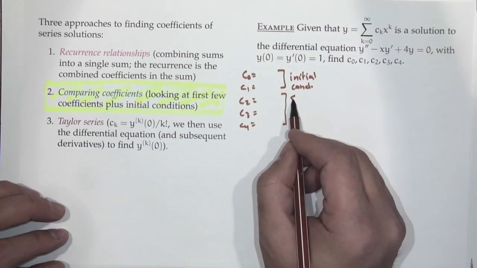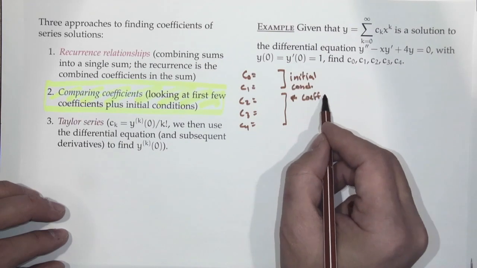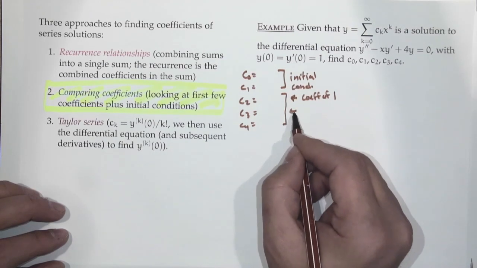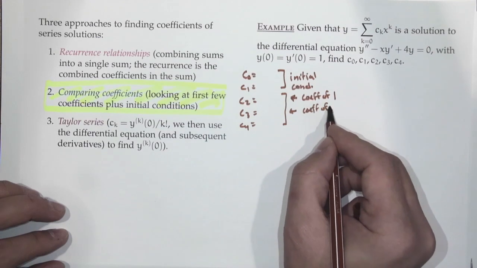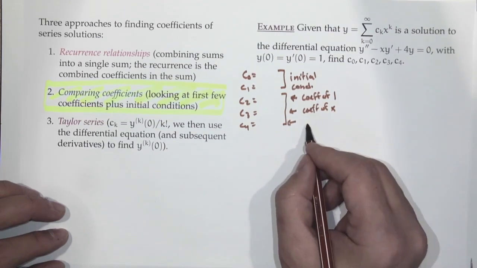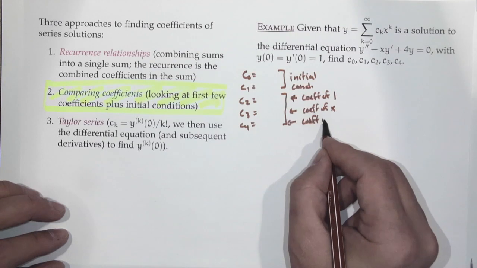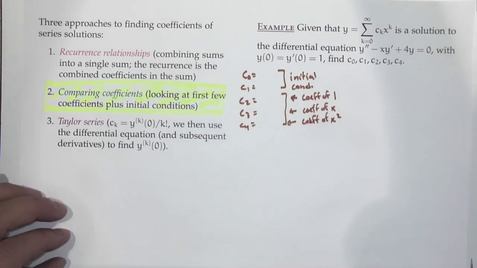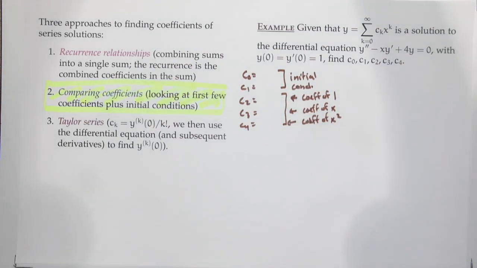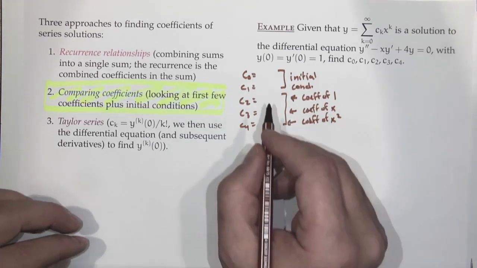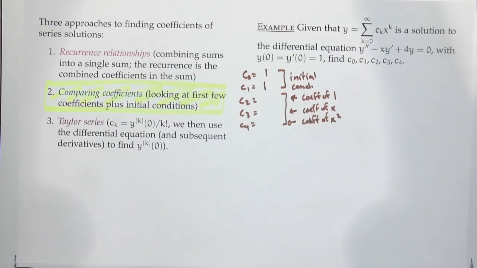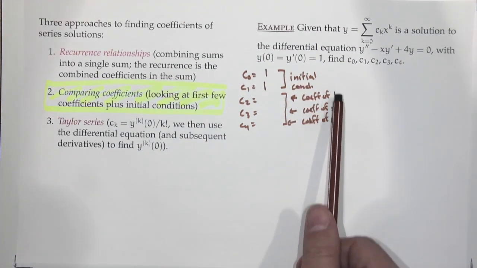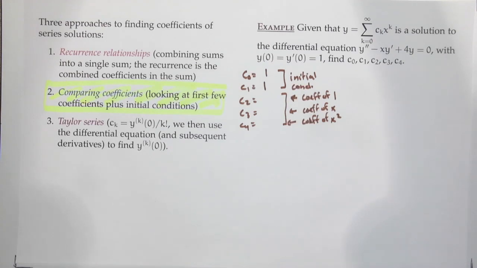C2 will be the coefficient of 1, C3 the coefficient of x, and C4 the coefficient of x squared. So I only need to keep track of everything up through the x squared coefficient. Everything beyond it won't matter, so I don't keep track of it.